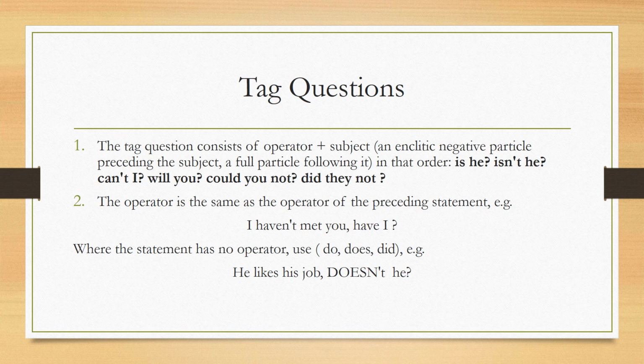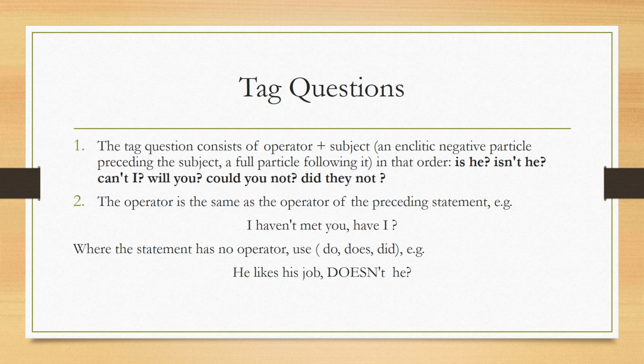Rule number 2 says that the operator is the same as the operator of the preceding statement. So when you want to make a tag question, you have first of all to choose a suitable operator. From where are you going to get this operator? You are going to take the same operator that is found in the statement.